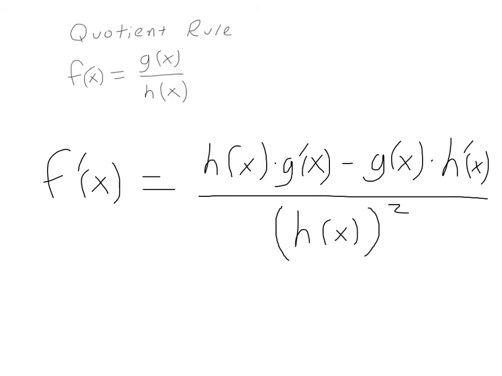What you do is you take the bottom equation, leave it unchanged, then take the derivative of the top equation, multiply them together, and then you subtract off the top equation unchanged times the derivative of the bottom equation, and then you divide it by the bottom equation squared. The original bottom equation just squared.